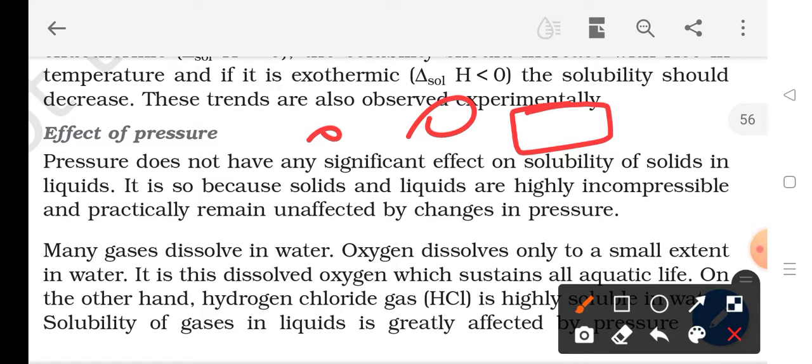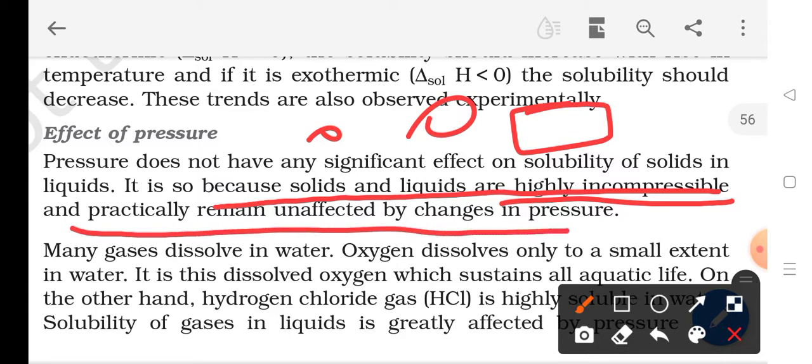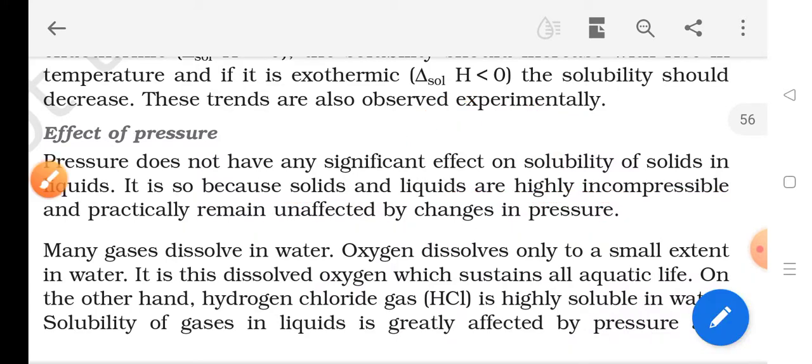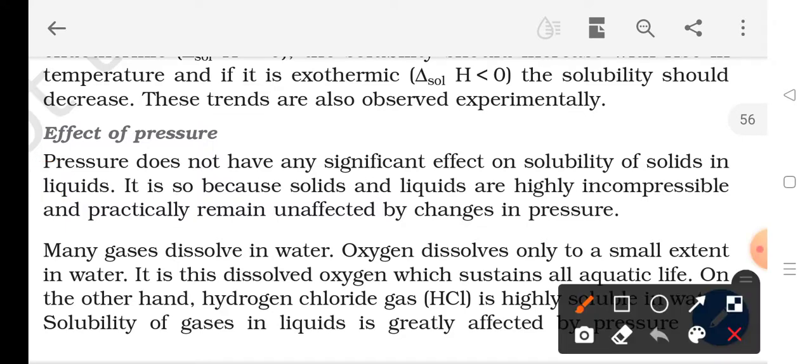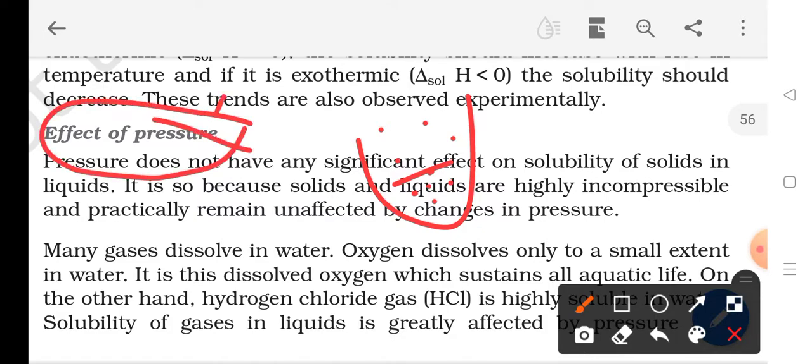Because solid and liquid are highly incompressible, they practically remain unaffected by changes in pressure. So whenever we dissolve a solid in a liquid, there is no effect of pressure. Okay, remember that.